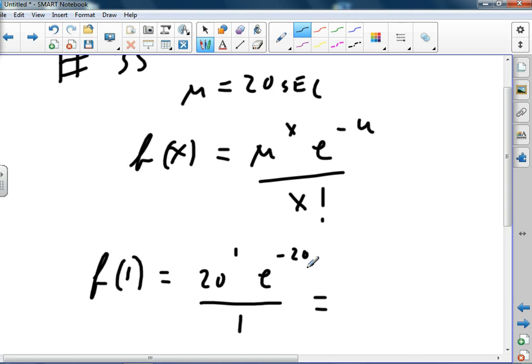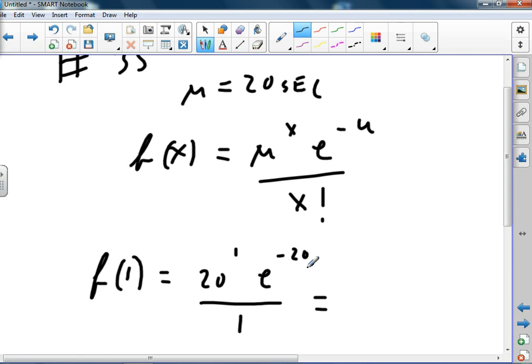So what am I doing wrong? Mu raised to the x. Isn't the mean 12, not 20? The mean is 12.